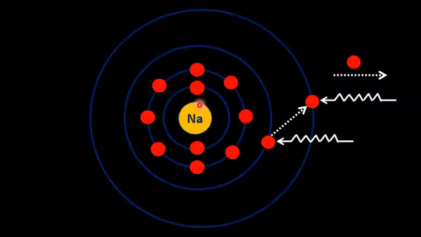Please note that the electrons which are closer to the nucleus, like these two electrons, have a stronger binding force with the nucleus. So it is very difficult for heat to remove the electrons which are closer to the nucleus as compared to the electron which is away from the nucleus.